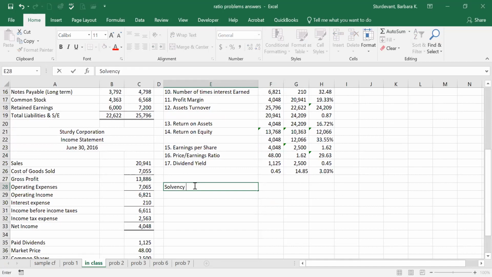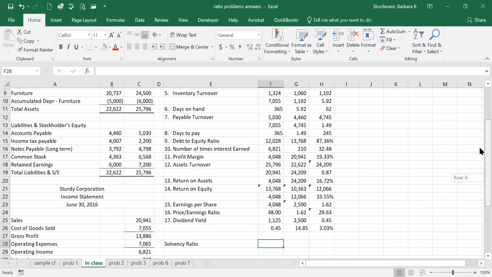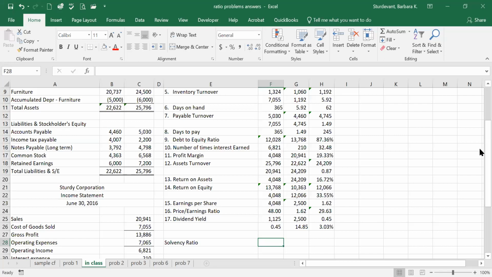So the solvency ratio is total assets to total liabilities. Total assets, easy peasy number to find, right? Right there.